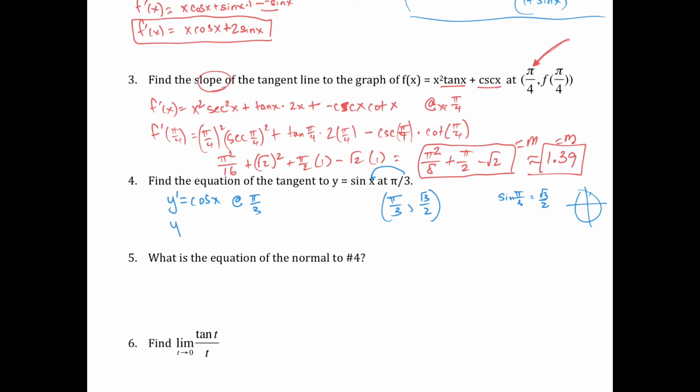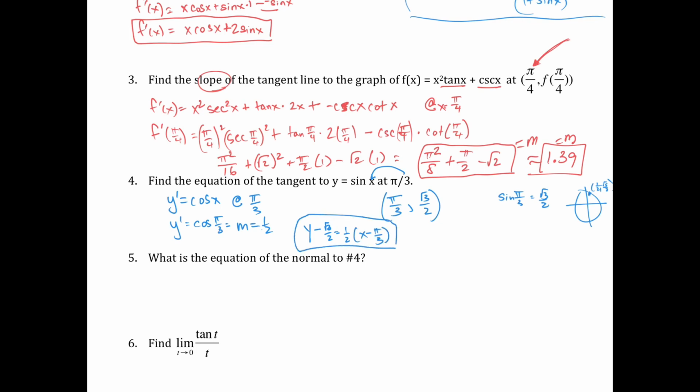So over here, y prime of the cosine of pi over 3 is going to be my slope, and that will be 1/2. Right, we're right here at pi over 3. We have 1/2 comma root 3 over 2. So that'll be 1/2. So y minus root 3 over 2 equals 1/2 x minus pi over 3.